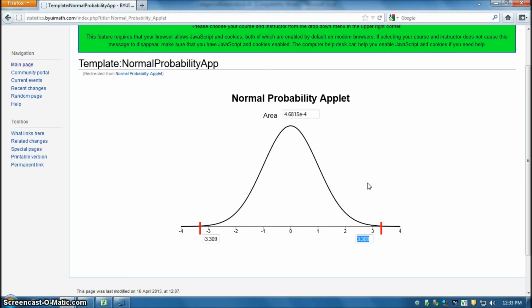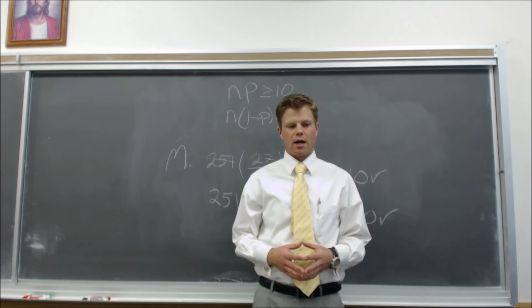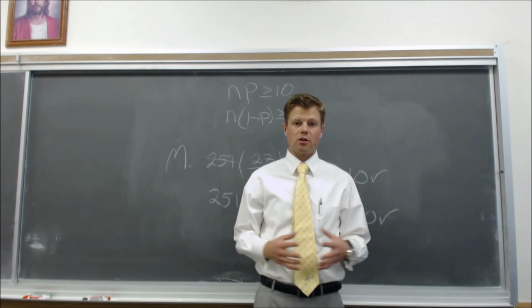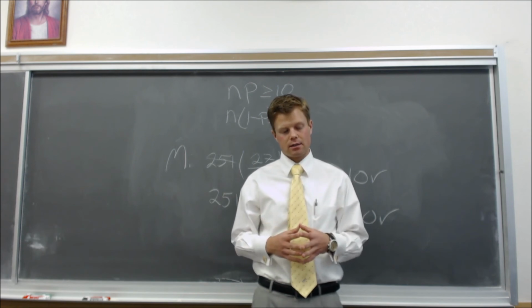Part E, shade your p-value on the normal distribution curve with the test statistic labeled. Okay, so just label your z test statistic and then take a picture of this graph right here. F, what decision do you make about the null hypothesis? We reject the null because our p-value is less than our level of significance.